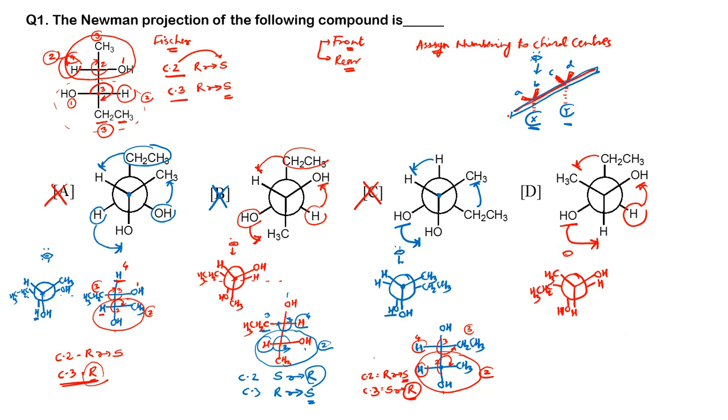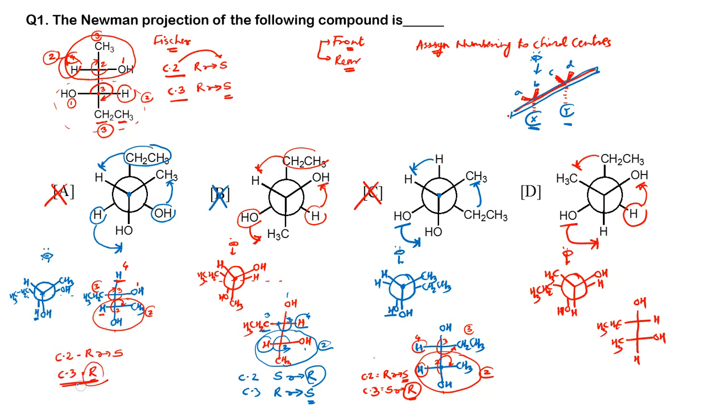As we are observing this molecule from the top, we'll write the corresponding Fischer. So for the front carbon, this is the hydrogen. On the right hand side, we are having the OH, left hand side, we are having the CH3. For the rear carbon, at the top, we should write OH, on the right hand side hydrogen, on the left hand side CH2, CH3.